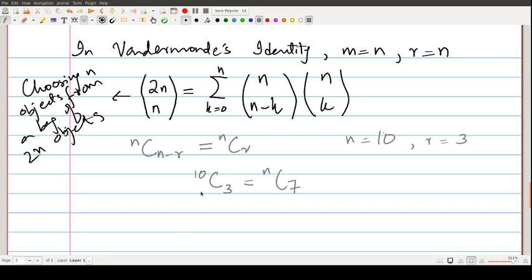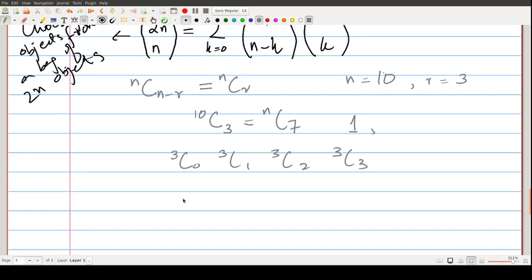There's a symmetry about these coefficients, right? These coefficients start from 1 and they keep increasing, up until some point. So if you think about 3c0, 3c1, 3c2, 3c3, these are 1, 3, 3, 1.